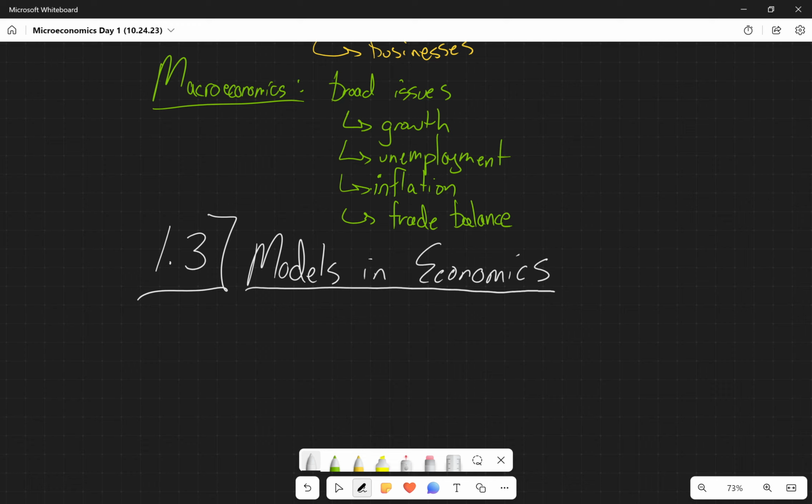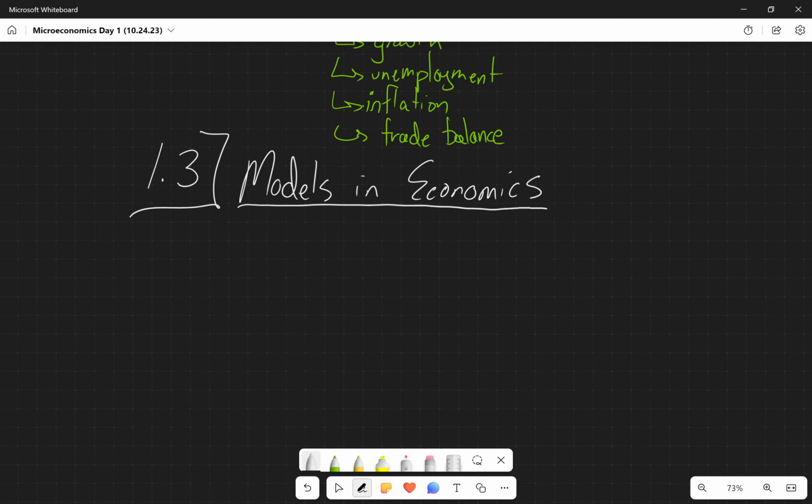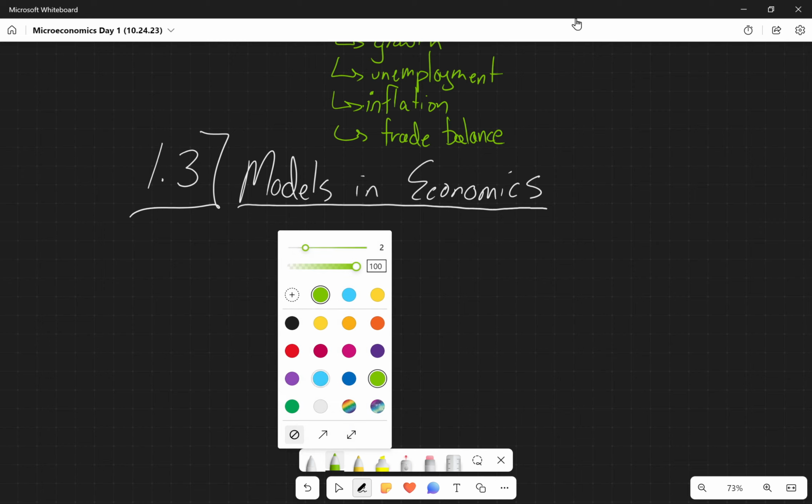John Maynard Keynes really reiterated throughout his research, his writings, and the policy work that he did, that economics doesn't necessarily teach you what to think, but it teaches you how to think. And so similarly, economists use theories and models to try to represent reality and test that representation.